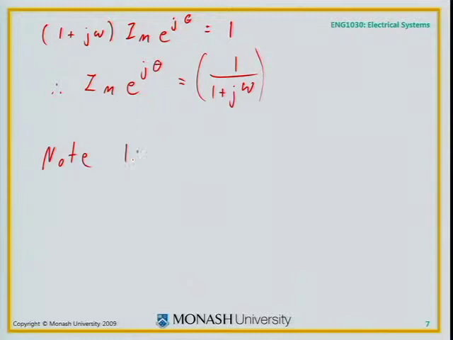So note that 1 plus j omega equals, what's that in polar form? Square root of 1 plus omega squared. A plus jb, the amplitude's the square root of a squared plus b squared. And the phase is what?